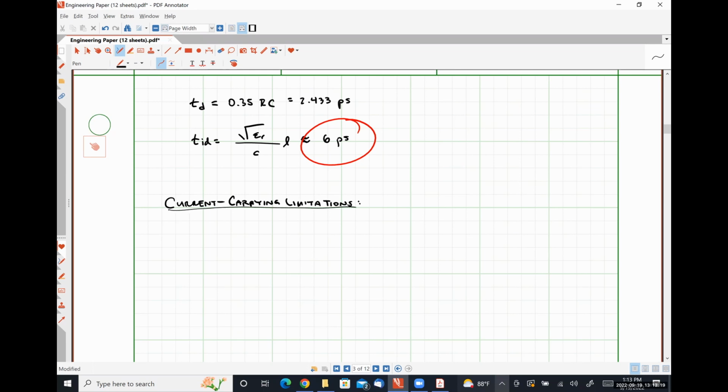So in the macro scale, the current carrying limitation of a wire is defined by what's called the ampacity. Okay. And the ampacity actually has a lot to do, not necessarily with the wire itself, as with not burning out the insulation that's protecting the wire. So if you carry too large of a current, effectively, it'll heat up too much, which may melt the insulation layer, causing short circuits and burning your house down or whatever.